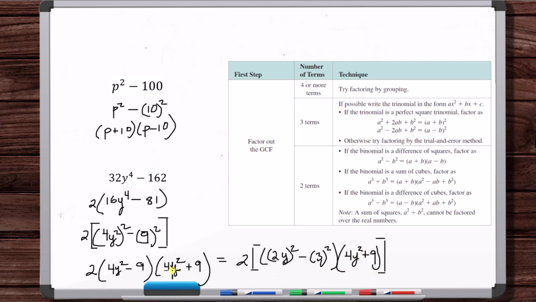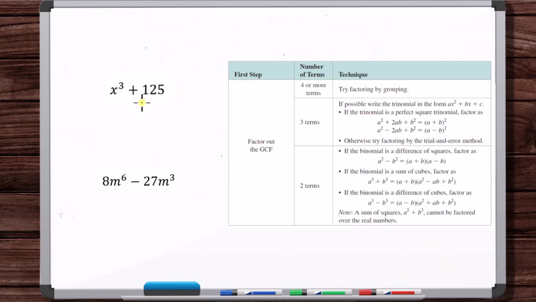Now this is the sum of 2 squares, but remember, there is nothing we can do with the sum of 2 squares. And so we're left with 2, and then we say 2y plus 3, 2y minus 3, and then 4y squared plus 9. Right? You're multiplying all this together.